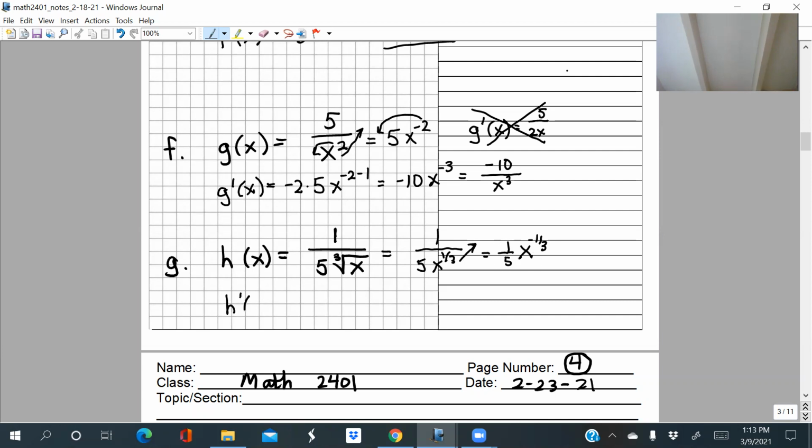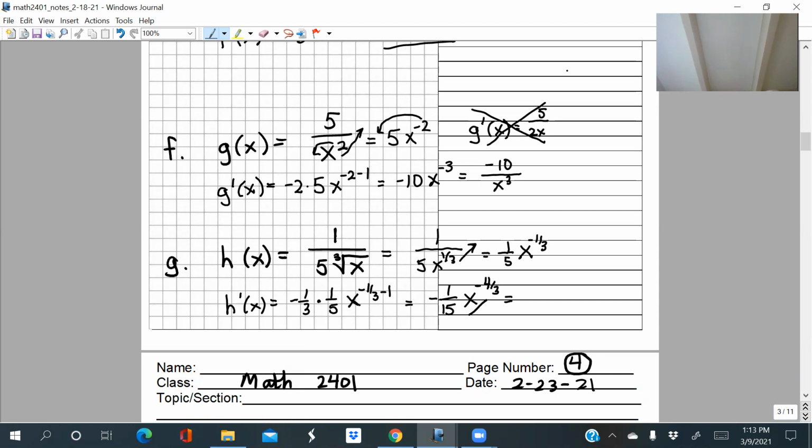So the derivative is going to be, bring the minus 1/3 down, multiply it times the 1/5 that's left in front here, and then times x to the minus 1/3 minus 1. So let's see, I get minus 1/15 x to the minus 4/3. Minus 1/3 minus 1 is minus 4/3.